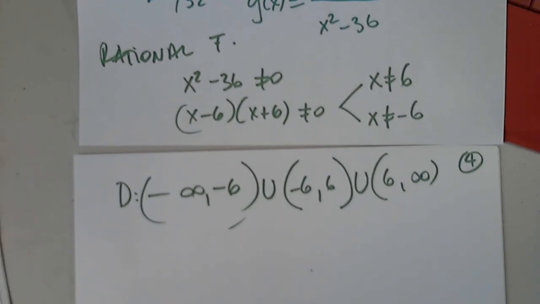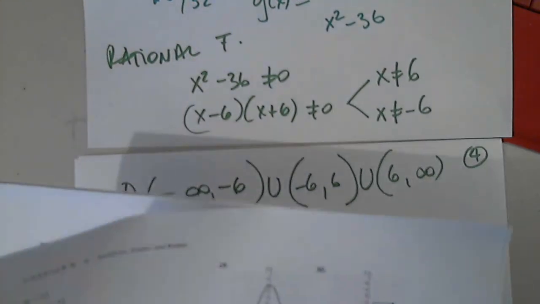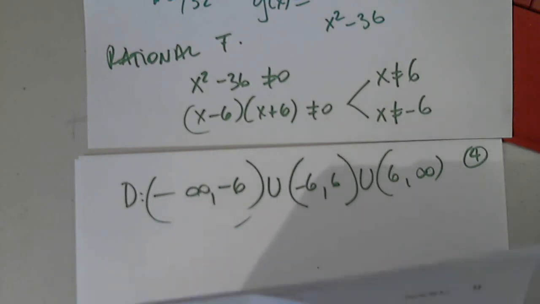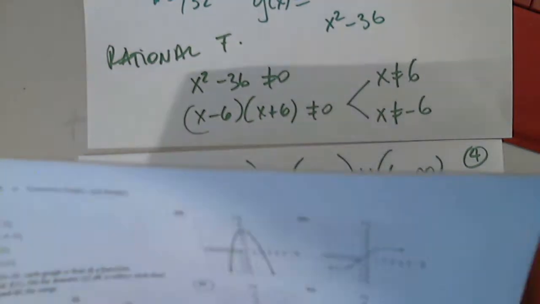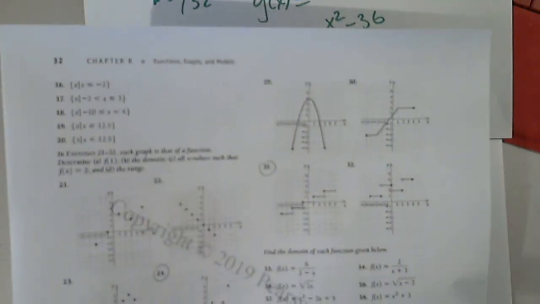I think we had enough domains, unless you find something that we haven't discussed, but I don't think so. And now let's read from a graph. I was looking at 25, 24, and 31 on page 32. We want to determine the domain, the range, and some values from the graph.